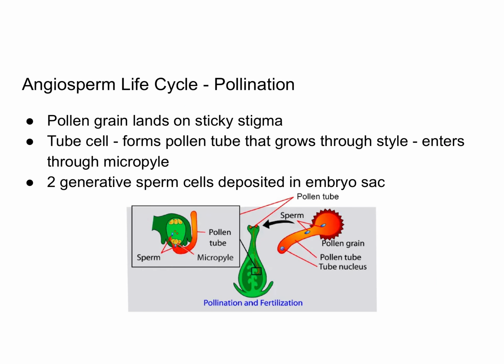Now let's take a look at what happens during pollination. And remember that pollination is not the same thing as fertilization. In plants, pollination has to occur before fertilization can occur. During pollination, a pollen grain lands on the sticky stigma of the carpel.